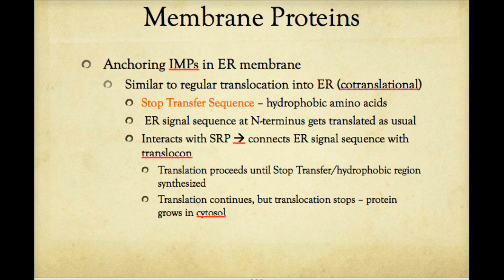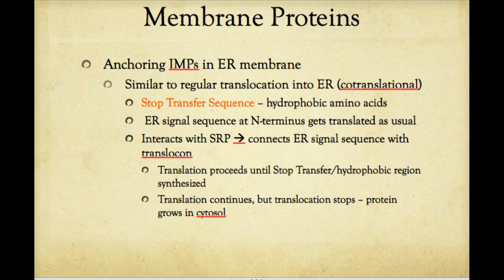So we'll think first about a case where there's a series of amino acids within the protein that we're going to call a stop transfer sequence. Okay? This is the type of signal that marks a protein for insertion into the membrane, a stop transfer sequence. And you'll see in a minute why it gets its name.